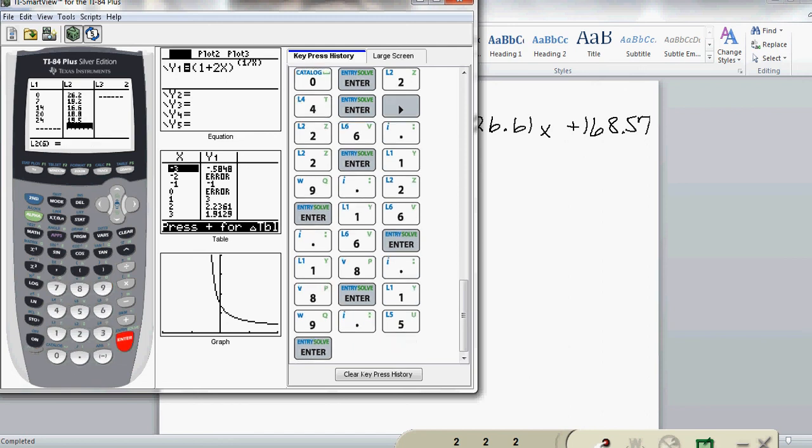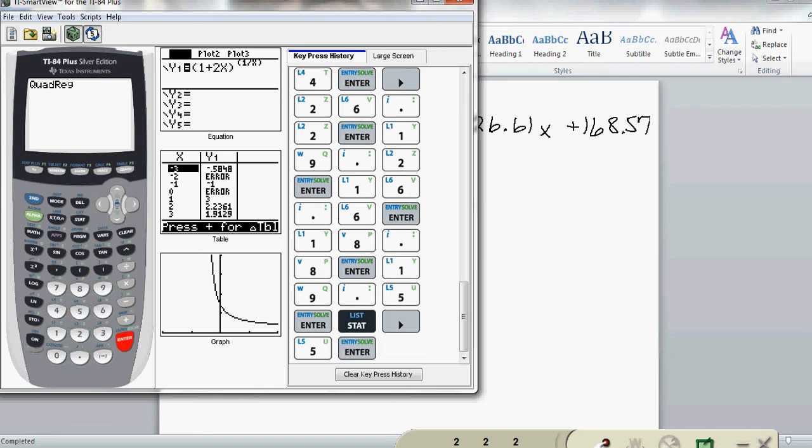And then we can do the quadratic regression once again. So do stat, calculate, and option number 5 is quadratic regression, and hit enter. And so the values become 0.04, negative 1.21, and 26.03. And we'll write that down as part of the answer.